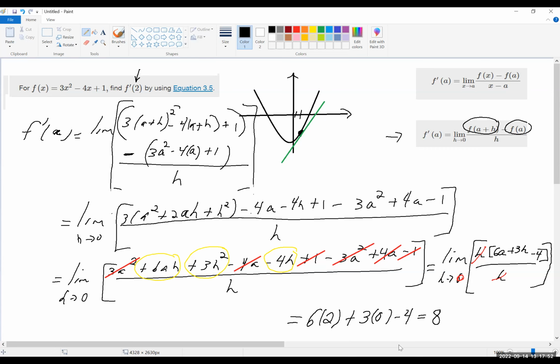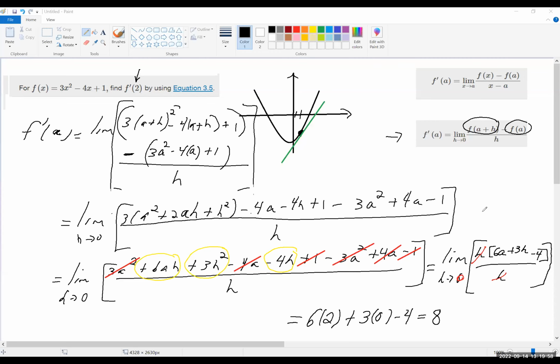And so I'm going to do a quick check of all my work. I was already confident, because this is a positive slope, that the derivative at 2 would be a positive value, and that matched with the 8 that we got.